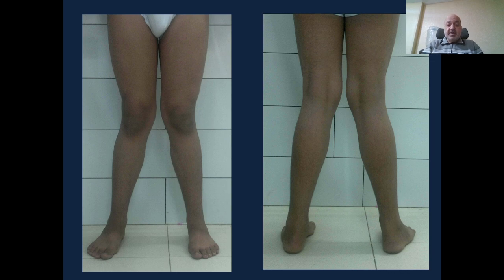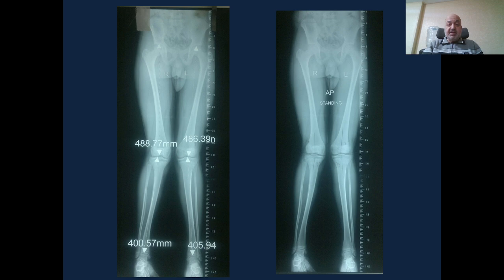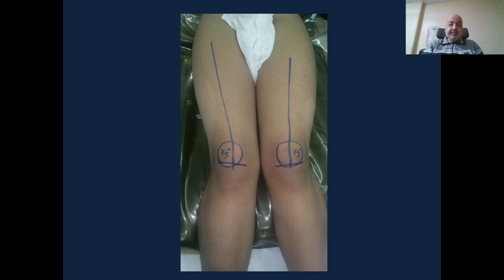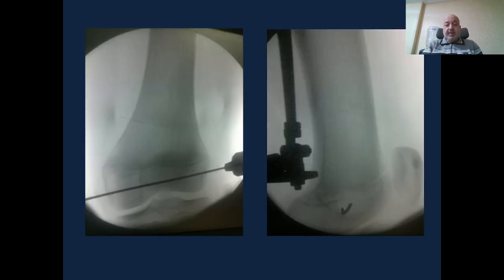In this case of bilateral genu valgum due to distal femoral valgus deformity, after doing the X-ray standing scanogram, intraoperatively we draw the patella, the joint orientation line, and the mechanical axis of the femur. The lateral distal femoral angle is 75 degrees bilaterally, so we need 15 degrees of acute correction.